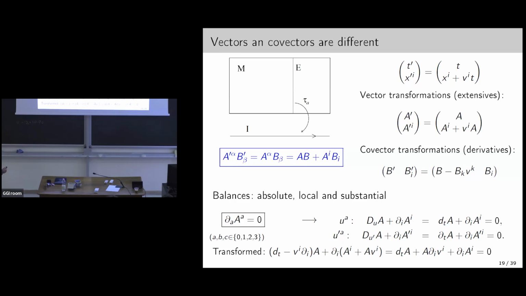However, all vectors transform like space-time vectors, and all covectors transform so that the time-like part, the scalar part, changes and not the space-like part. And it is important because all derivatives are covectors. Therefore, gradients are absolute, do not transform at all. But we should take care of the time-like part.